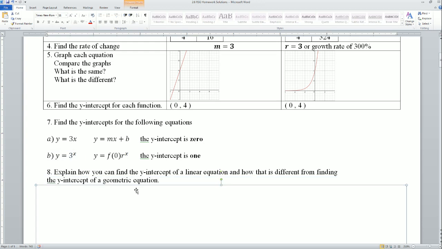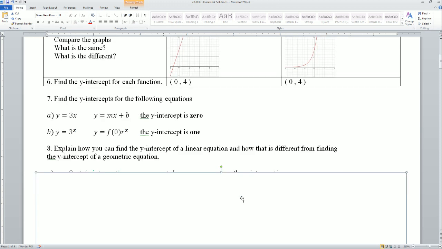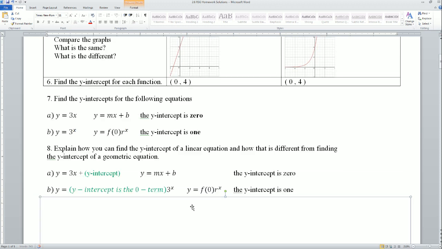So explain how you find the x-intercept of a linear equation and how finding that is different from the y-intercept of the geometric sequence. Right, so here I drew it out for you and it's also in green. It says y equals 3x plus what it's supposed to add is the y-intercept here. Notice that there's nothing here.